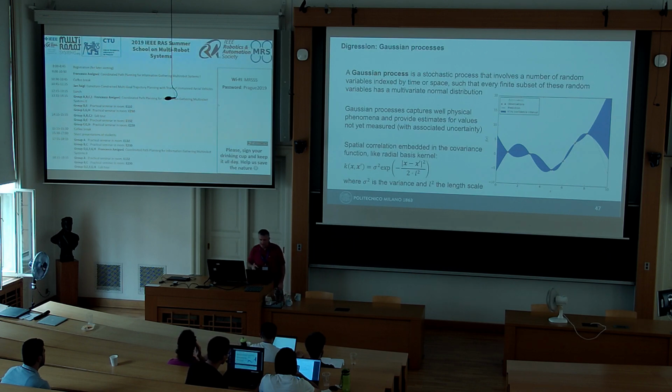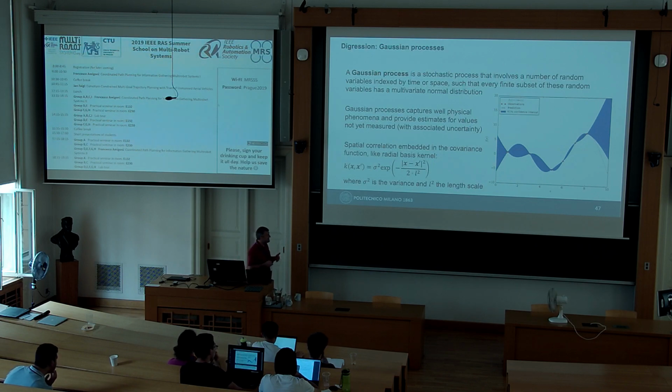How this kind of blob here is shaped will depend basically on the covariance function that you use for modeling the spatial correlation of the phenomenon. So this is just one example, but there are several ways of doing this.